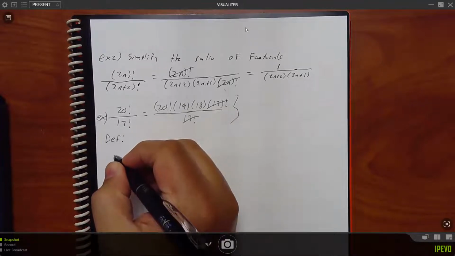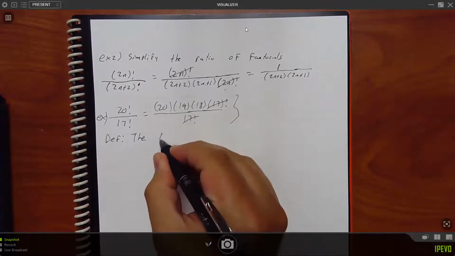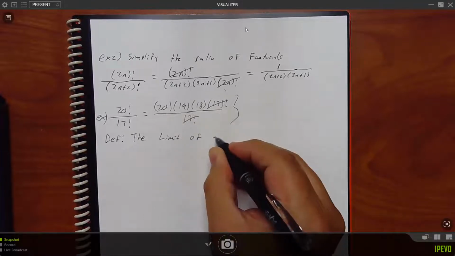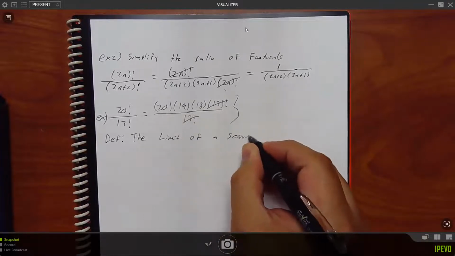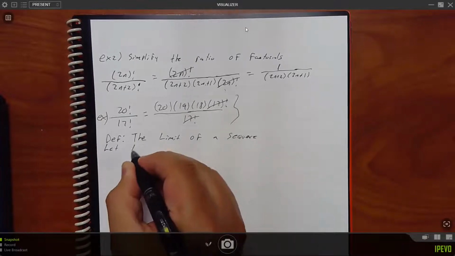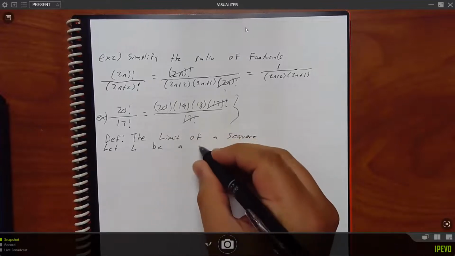Definition. The limit of a sequence. So let L be a real number.